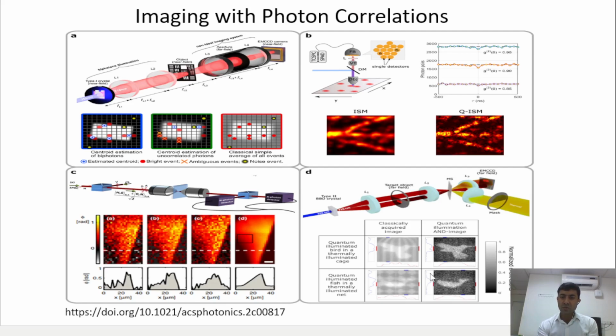Hence, much better images with noise and background reduction could be observed. As we can see here, the images obtained with quantum illumination and the AND operation are much better and clearer as compared to classically acquired images.